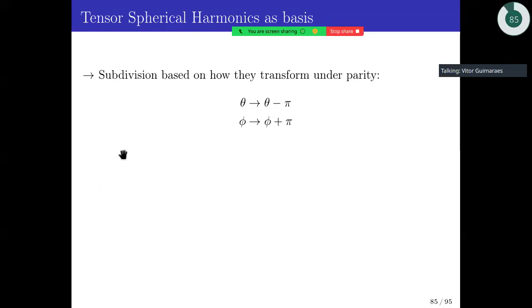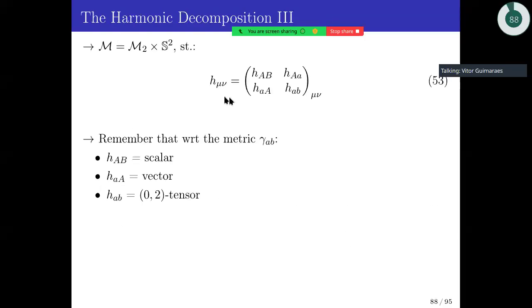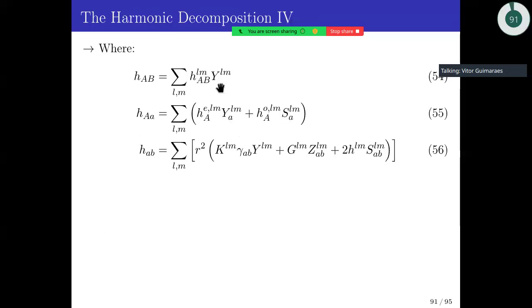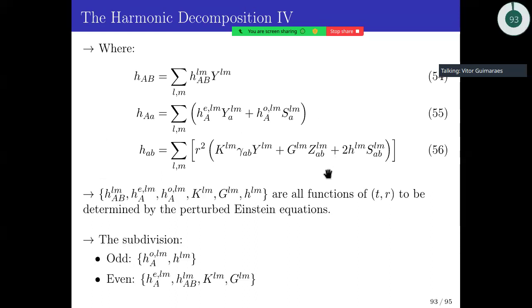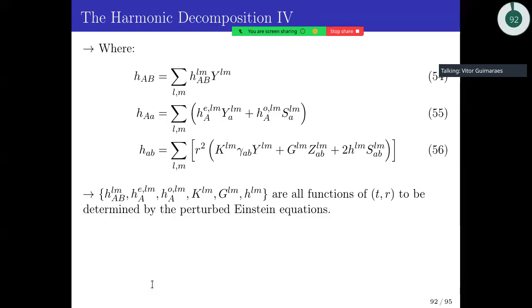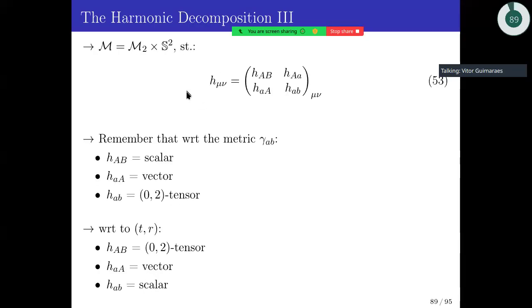Then we saw how they transform, and we applied this basis and decomposed our full metric perturbation in terms of this basis, in such a way that we can subdivide these functions into an odd part and an even part. So in the next lecture, we will see that we can always break this h_mu_nu into an h_mu_nu even and an h_mu_nu odd.